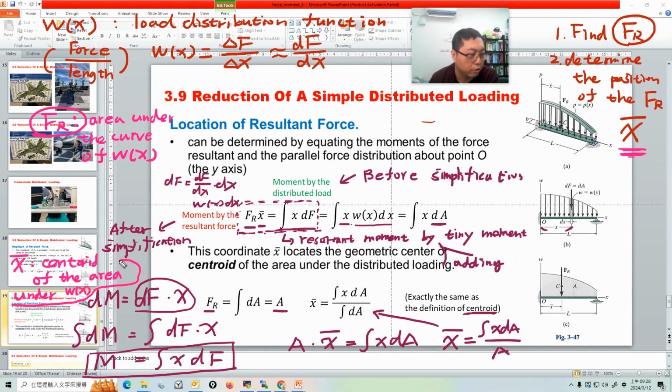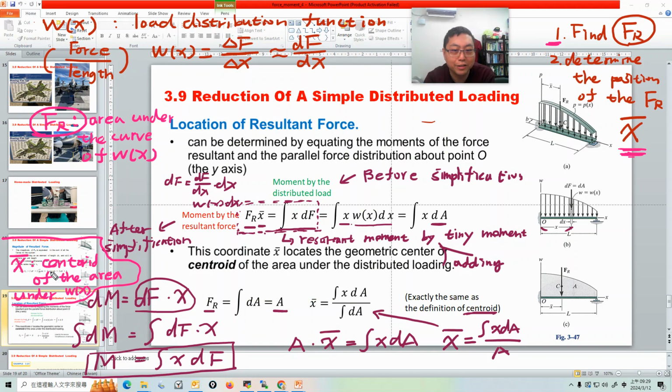So we have two final conclusions for distributed load. First, what is the resultant force of the distributed load? It is the area under the w(x) curve, where w(x) is the load distribution function. And where is the resultant force? It's at the centroid of the area under the w(x) curve.